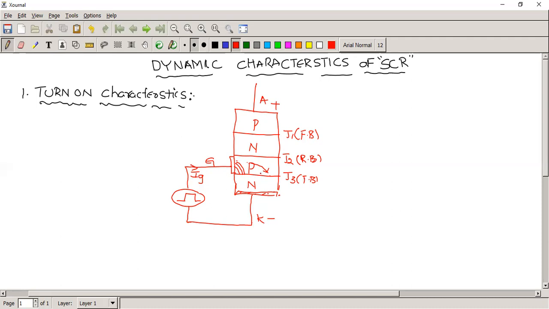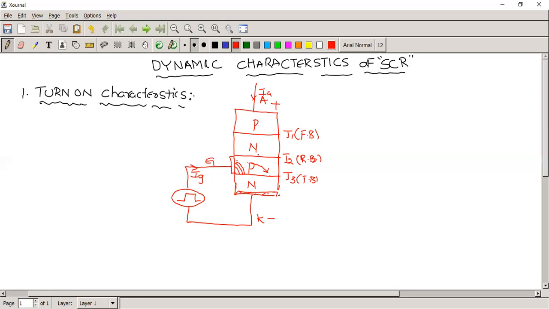These two parameters are causing the anode current to slowly change from leakage current to the steady state. Why leakage current? Because the junction J2 is reverse biased. Suppose you are not applying gate voltage, only the leakage current is passing through the device because junction J2 is reverse biased.